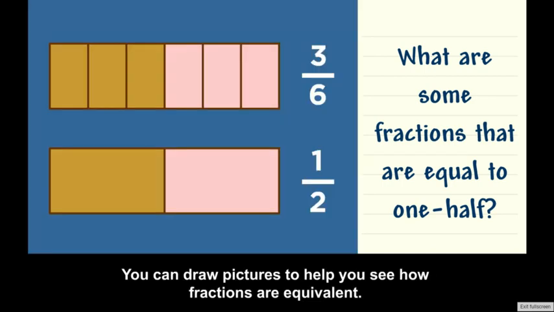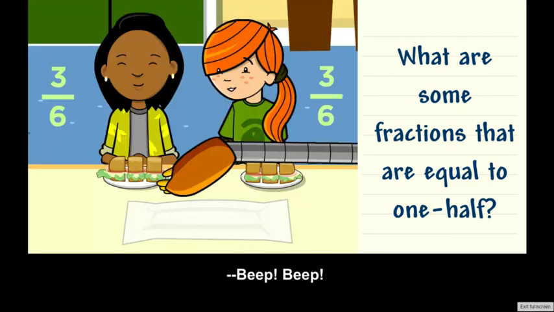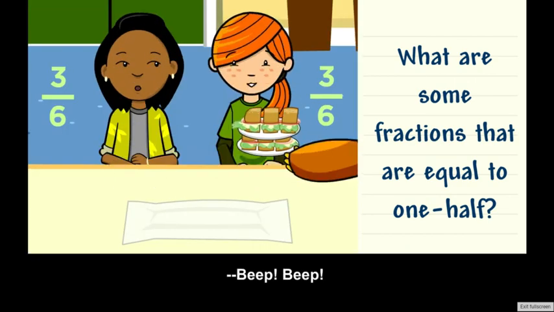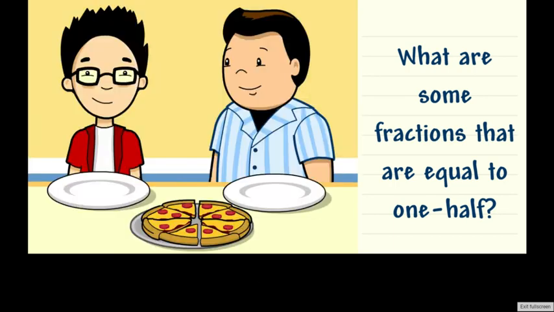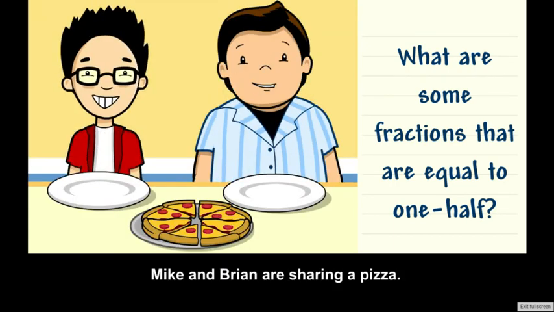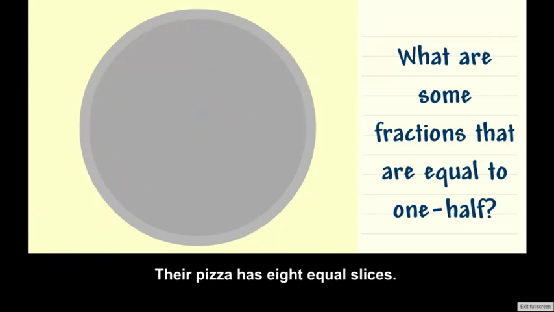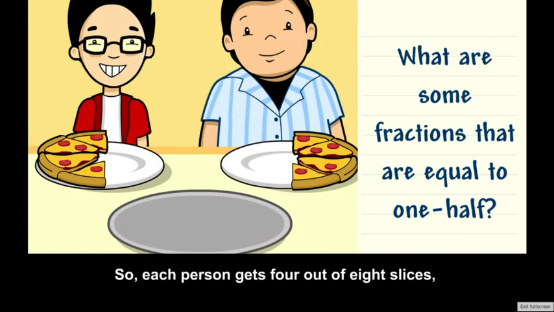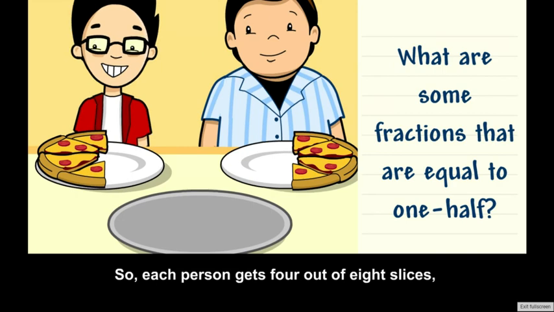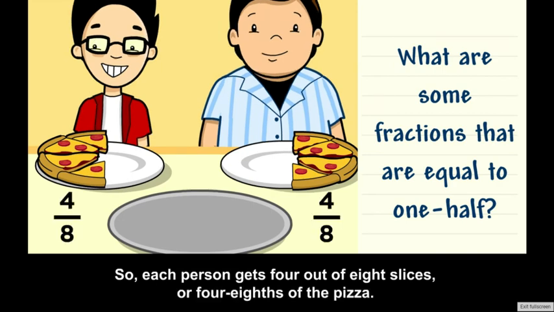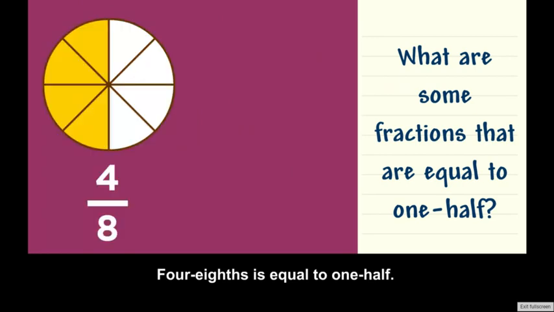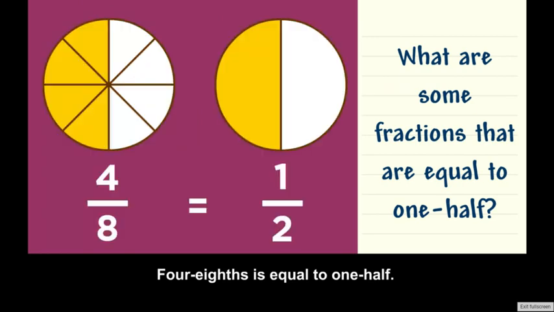You can draw pictures to help you see how fractions are equivalent. Mike and Brian are sharing a pizza. Their pizza has 8 equal slices. So each person gets 4 out of 8 slices, or 4/8 of the pizza. 4/8 is equal to 1/2.